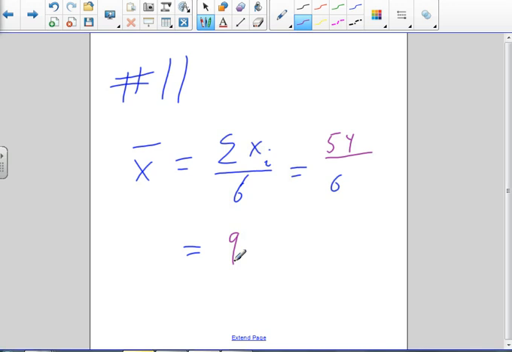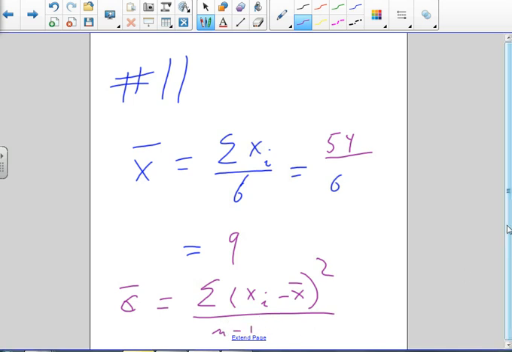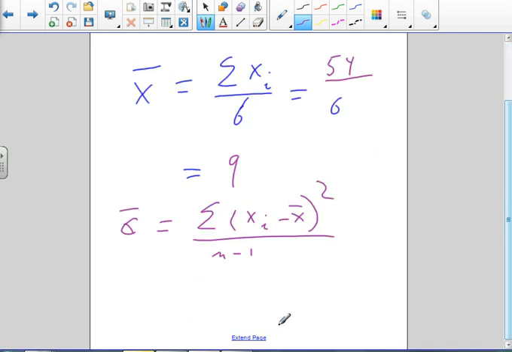What is the population standard deviation? So now we want to take the summation of the xi's minus the x bar, squared, divided by n minus 1. That's what we're doing. Then we take the square root of the whole thing.